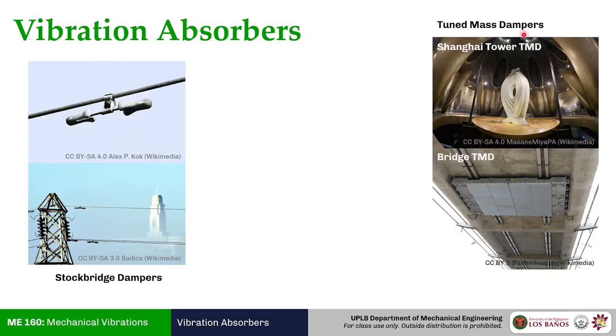But most tuned mass dampers are actually boring looking, just like this TMD under the bridge. And the purpose of these is, of course, to absorb shaking from earthquakes, from unintended geological phenomenon that could damage the structure if unabated. So the name itself alludes to the method of protection.